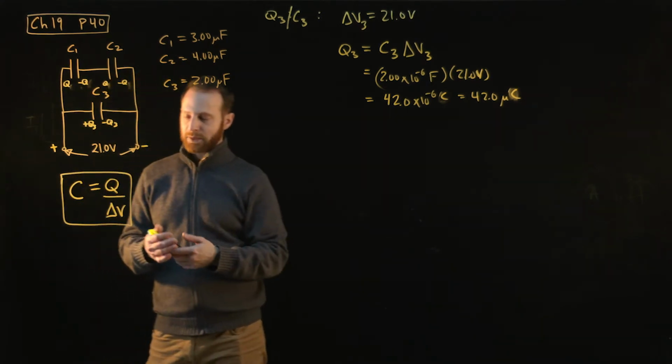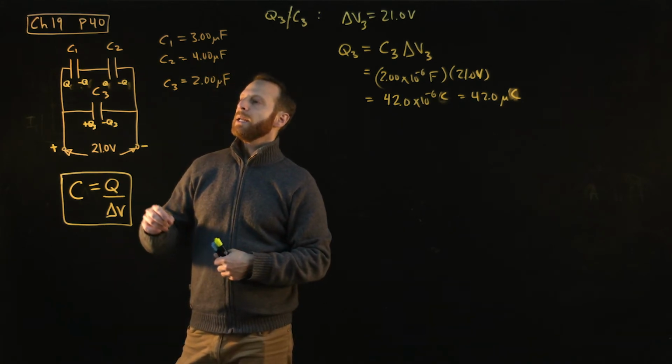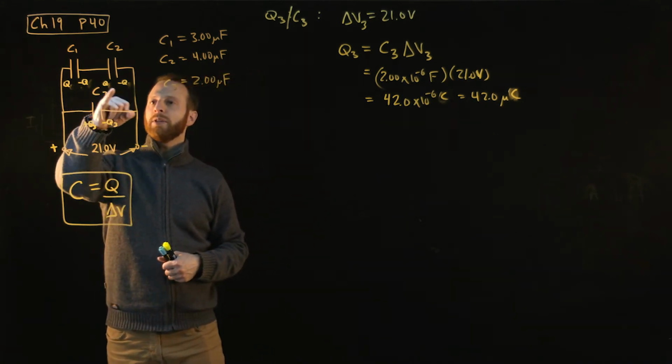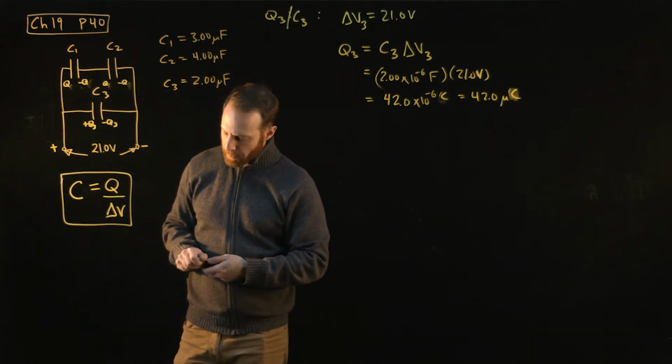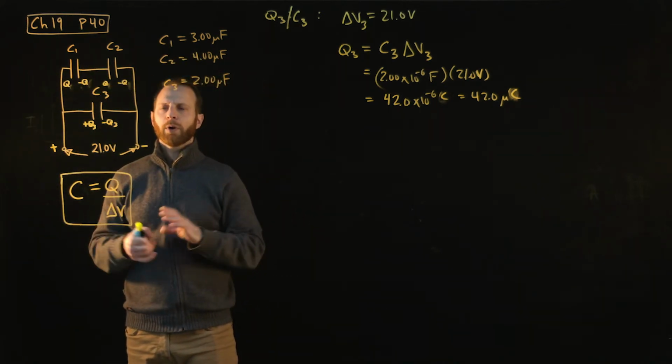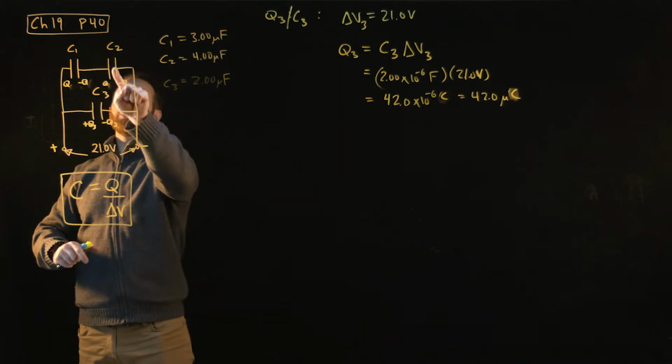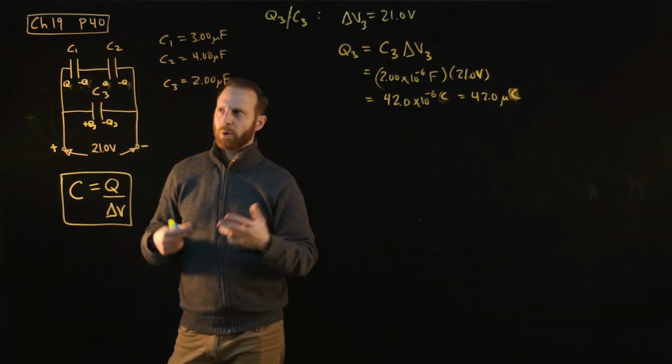So what we're really asking about now is what's the charge on any one of these capacitors, and then separately, what is the voltage? In order to do that, what we probably want to do is think about this object as an effective or equivalent capacitor.